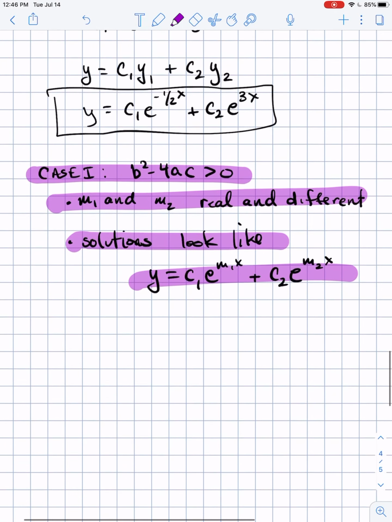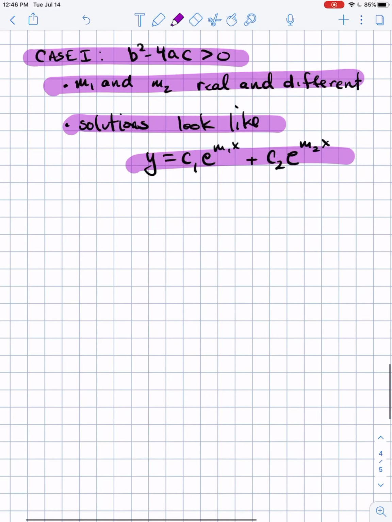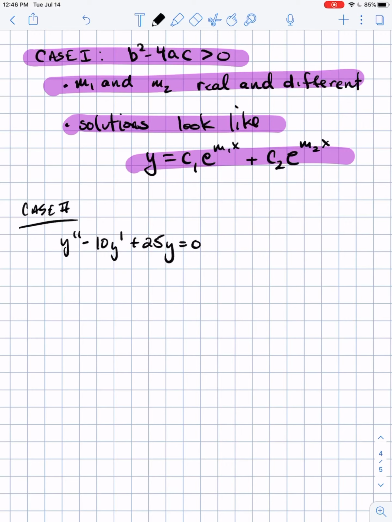All right, let's look at case 2 example. Okay, let's do y double prime minus 10y prime plus 25y equals 0. So again, here you're going to have m squared minus 10m plus 25 equals 0.